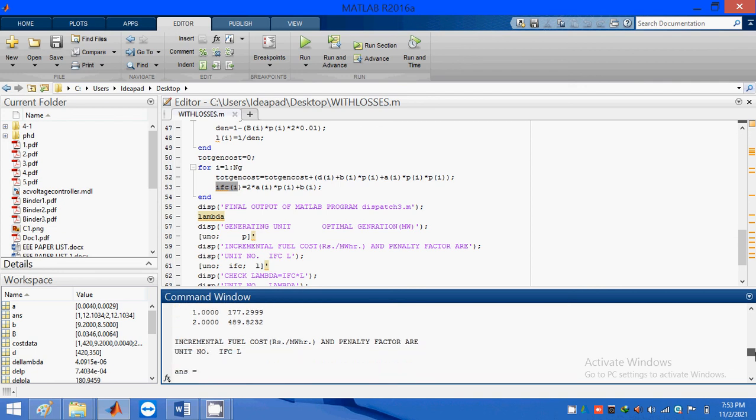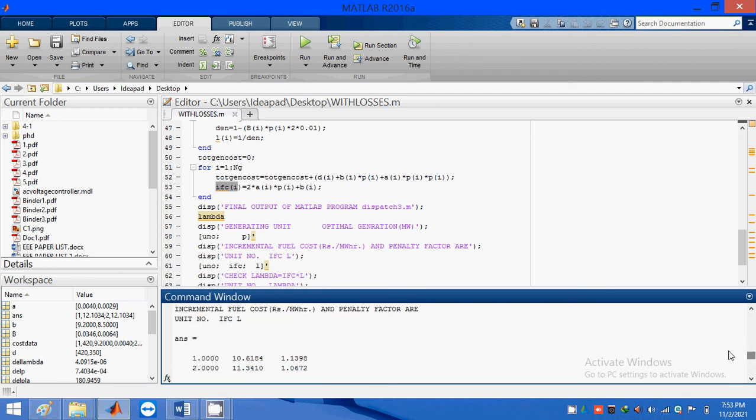The incremental fuel cost is 10.61 rupees for Pg1 and 11.34 rupees for Pg2. The penalty factor is 1.13 for Pg1 and 1.06 for Pg2.